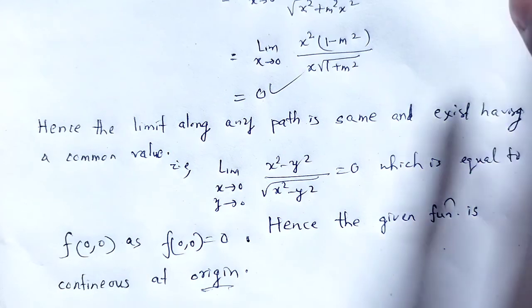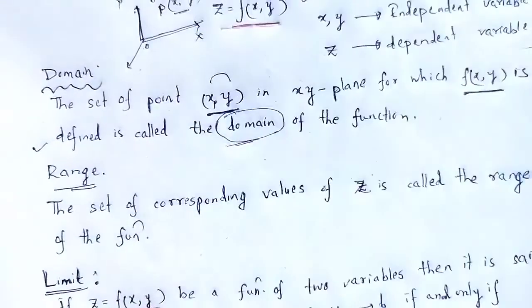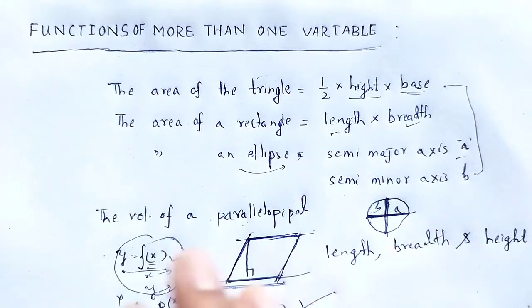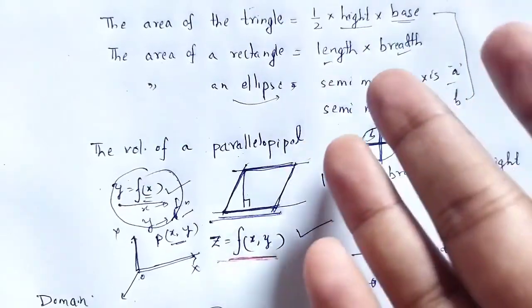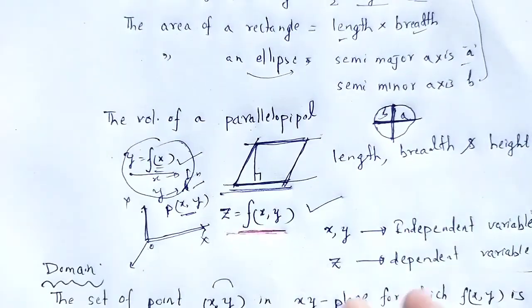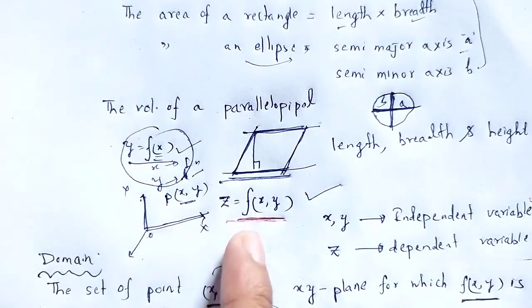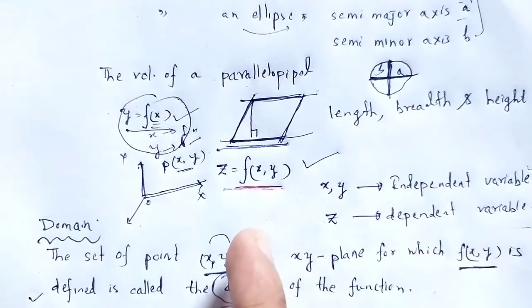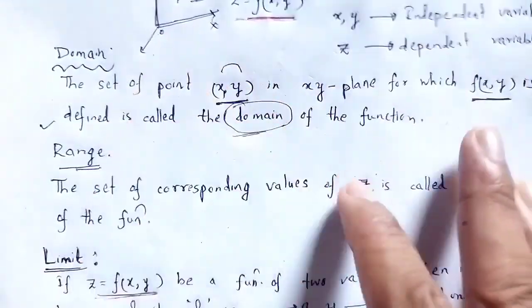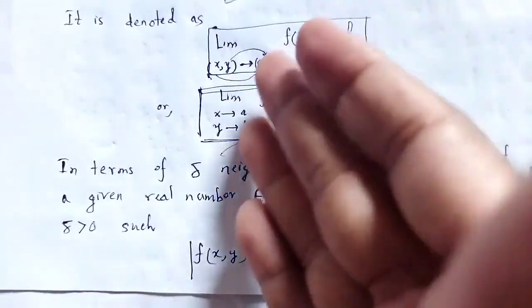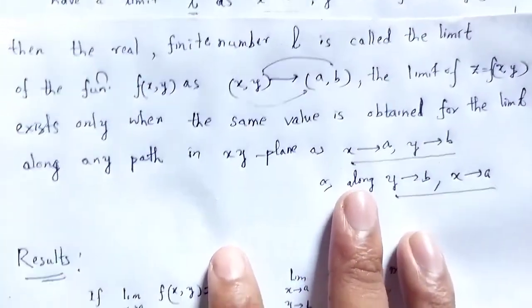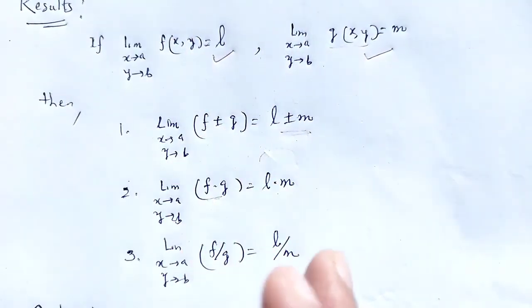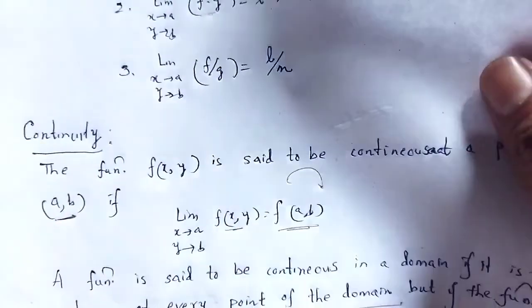In this entire video lecture we discussed the functions of more than one variable. We defined how these functions depend upon 2 or 3 variables, then mathematically denoted it as a function, how f of z is a function of f of xy, and what x, y and z are. We again defined domain, range and the limiting concept, and also the definition of limit in terms of delta neighborhood, some results related to the limiting concept of more than one variable, and also the continuity.